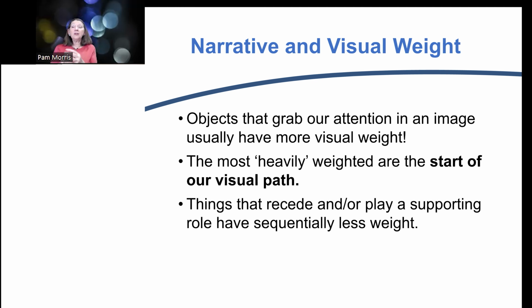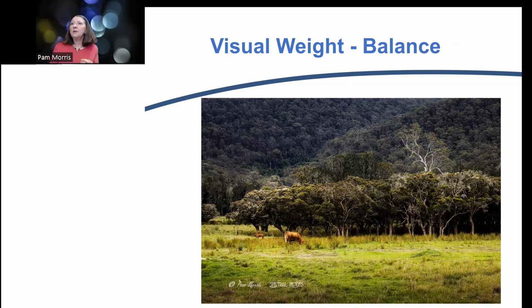So anything within the image that has great visual weight will grab our attention, and we're going to have a look at the elements that contribute to that. And anything with very little visual weight will just recede into the background. So with this image here, the visual weight is the cow and the grass.